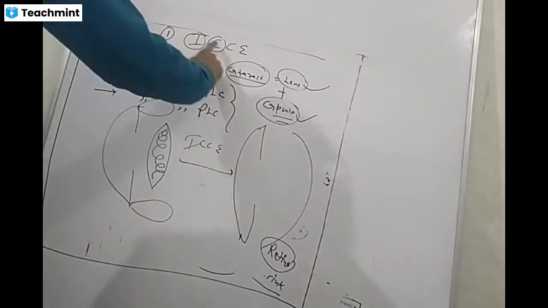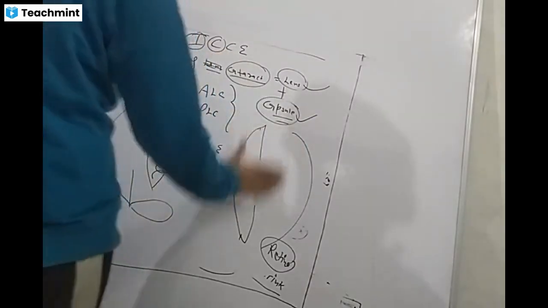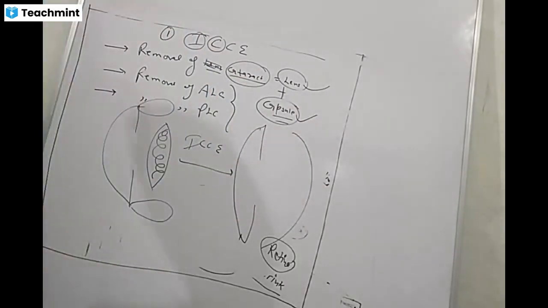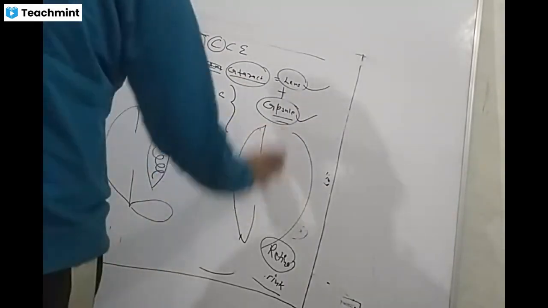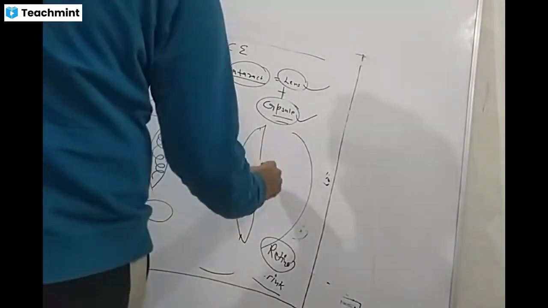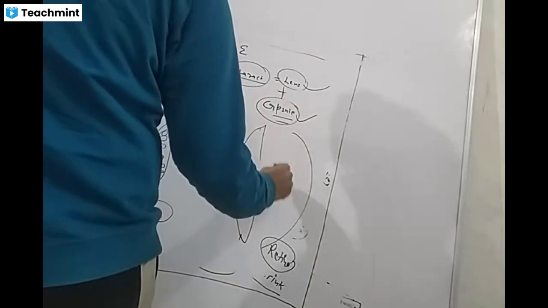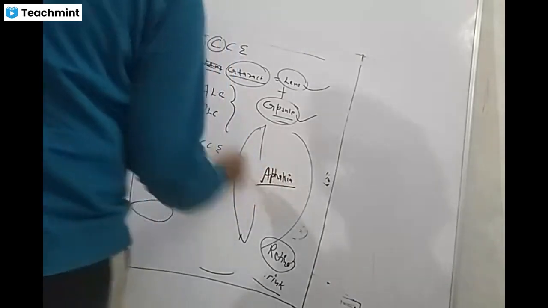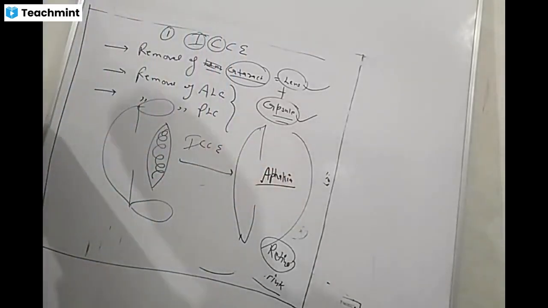This is your intracapsular cataract extraction. If the lens is removed along with the capsule, that situation will be called aphakia. No lens.